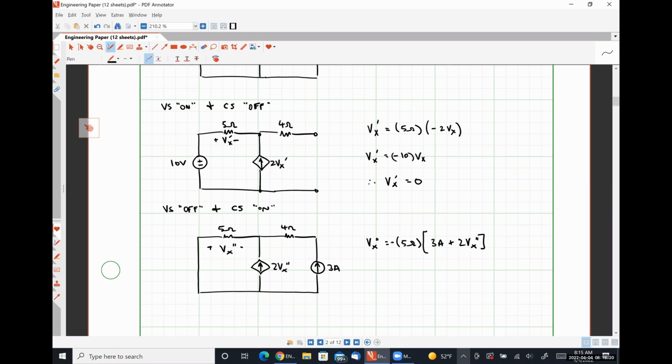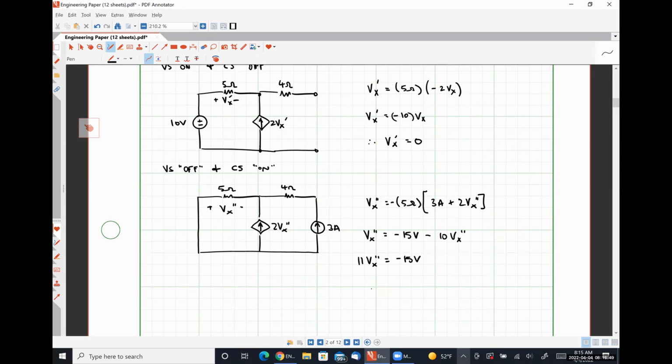And then we need a negative sign out here. So Vx double prime is going to look like negative 15 volts minus 10 Vx double prime. So 11 Vx double prime is equal to negative 15 volts.